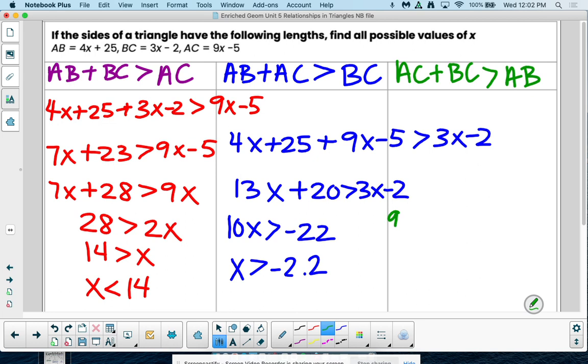Okay, let's see these. Who's writing this down? All right, solve it. Wait, we're supposed to write this down? You should be.